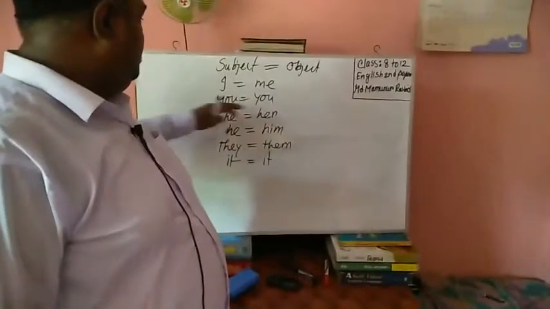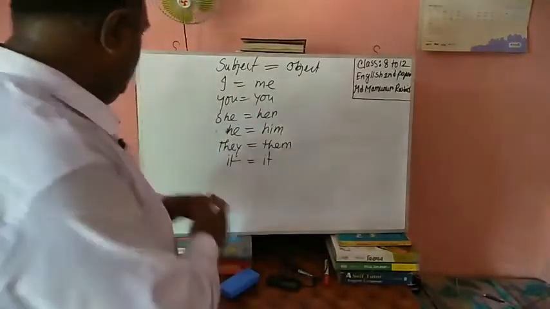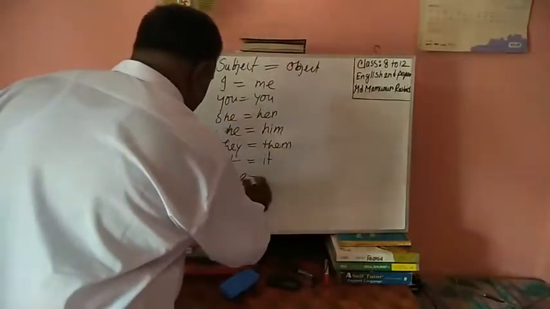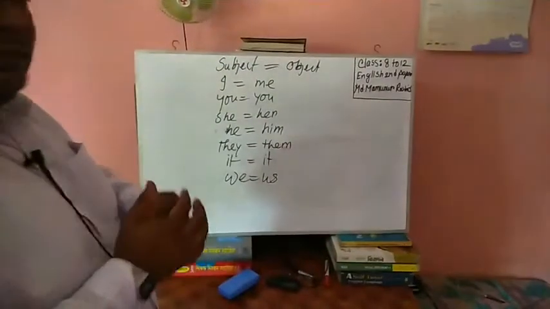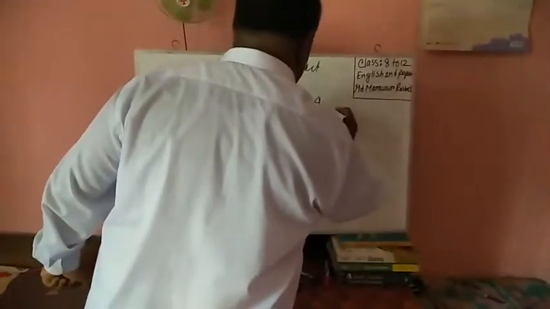If you see they, it will be them. If you see it, it will be it. Like this, I will be me, you will be you, she will be her, we will be us. It's easy. So suppose I eat rice. So here the subject I will be me.